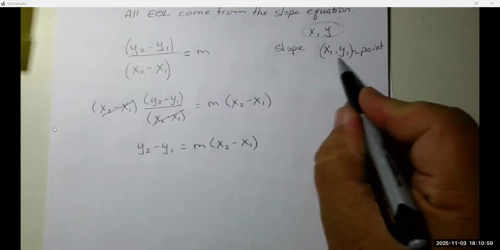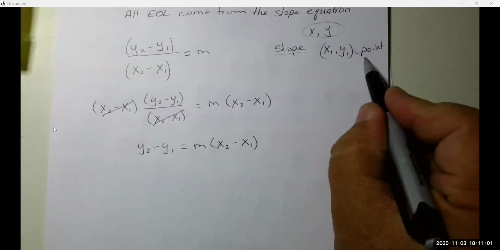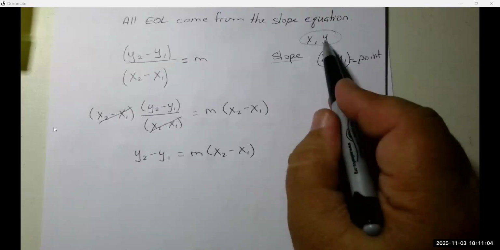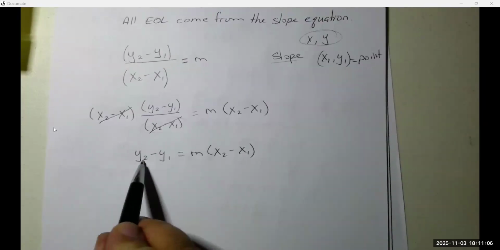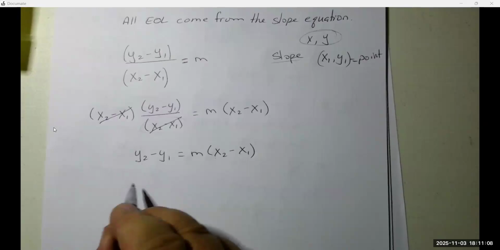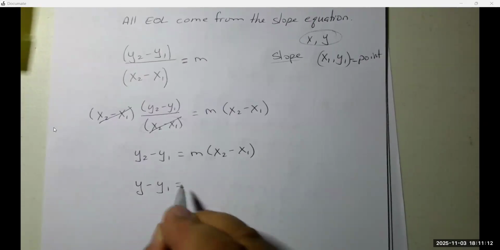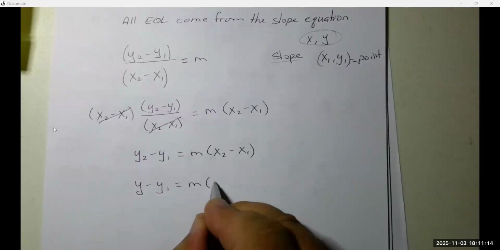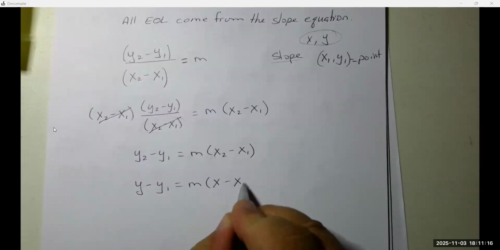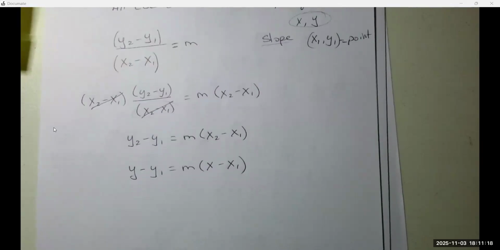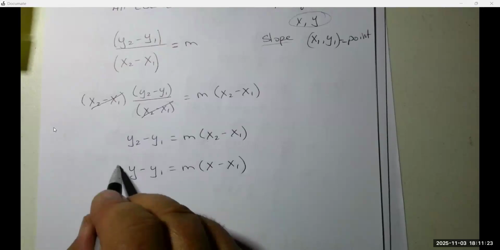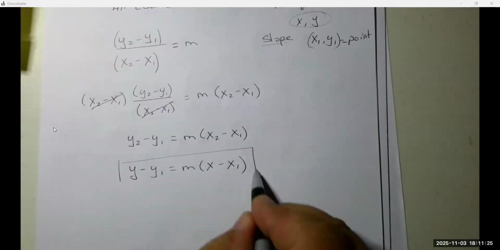Remember, I said that x1, y1 is a point. And then you have to have an x and a y in the equation. So instead of having x2 and y2, we'll just call those x and y. So there's our next formula.